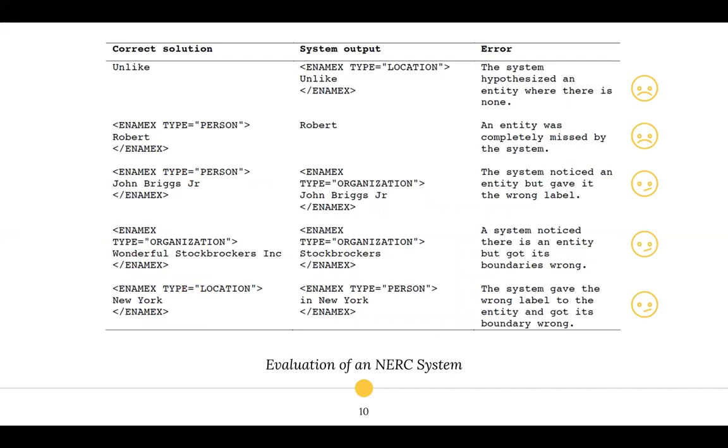It only extracted the word stockbrokers. The fifth row is a location named New York, and our system incorrectly identified this as a person named in New York. So it got the wrong label for the entity and it got its boundary wrong. You can see how there are different ways that we can score this system based on those three different evaluation metrics we just talked about.